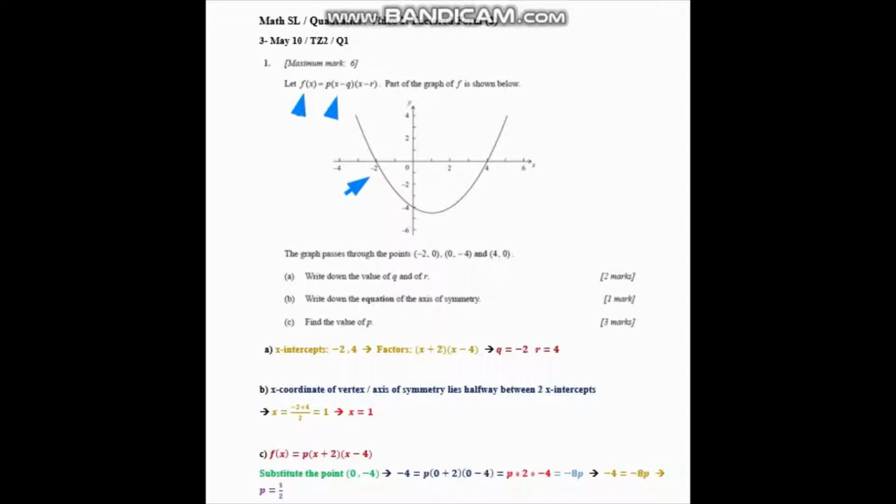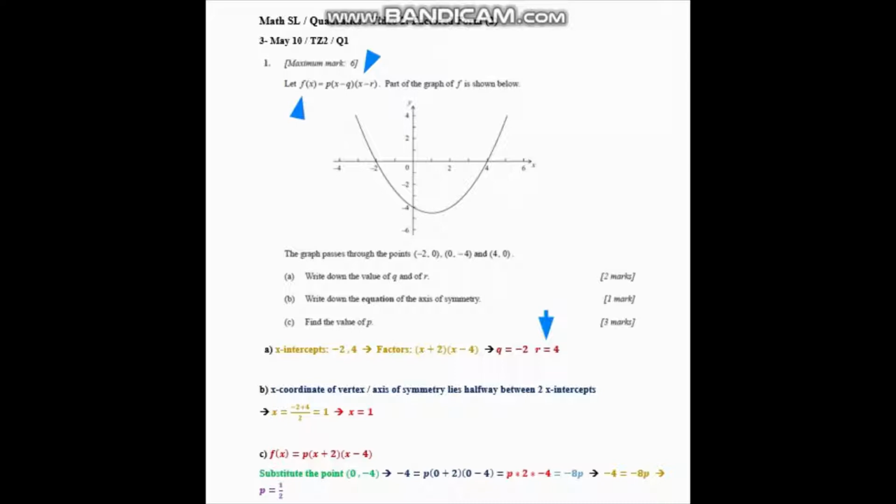So q has to be -2. Similarly, I know that 4 gives me 0. So if I put x equals 4 into the equation, I get f of x equals 0. So 4 minus r equals 0. So r has to equal 4. So this is why r has to be 4.